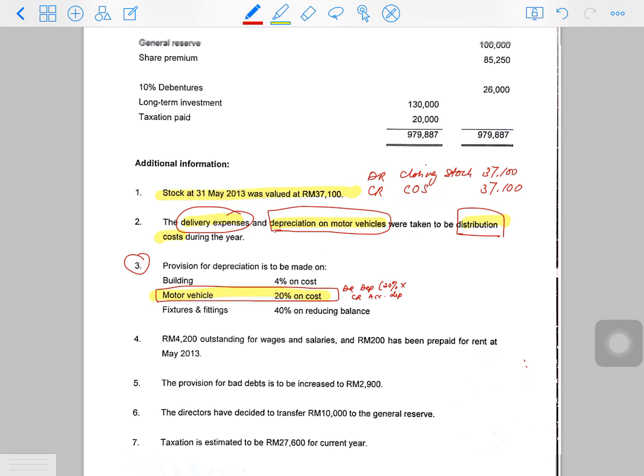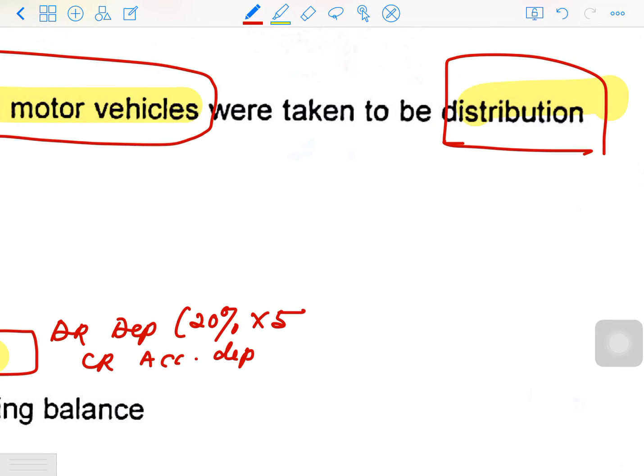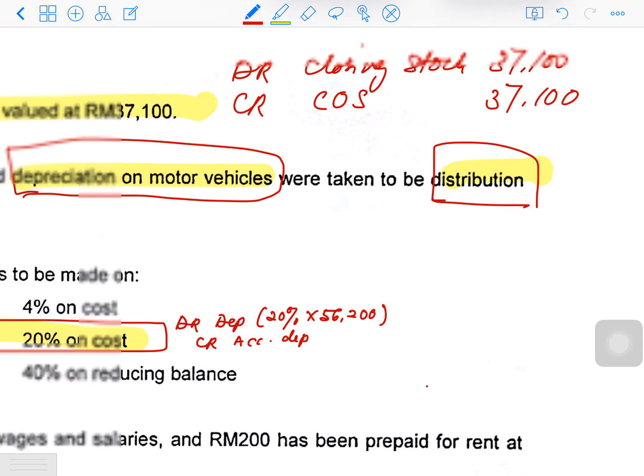You have to look at the motor vehicle. The cost is 56,200. So that should be 20% of 56,200. That should give you how much?